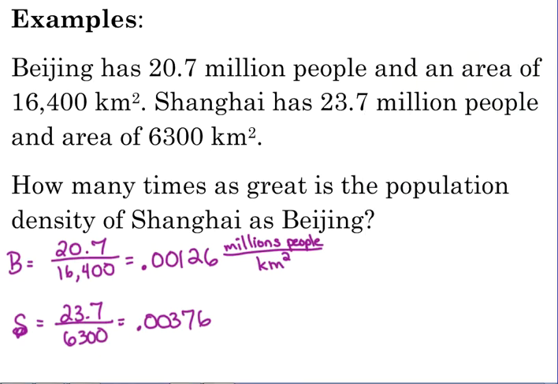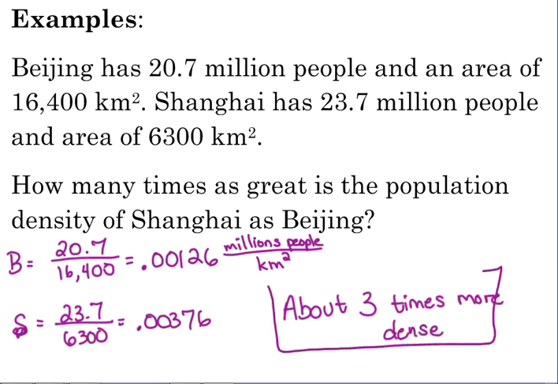Okay, so about 3 times more dense. So that means there are 3 times as many people packed in a square kilometer in Shanghai than there are in Beijing. And we're talking millions of people. There's a lot of people.